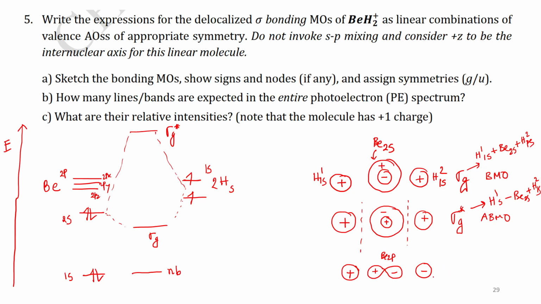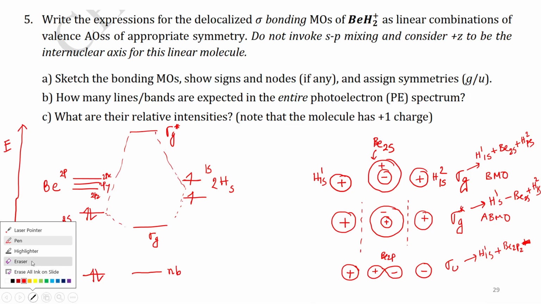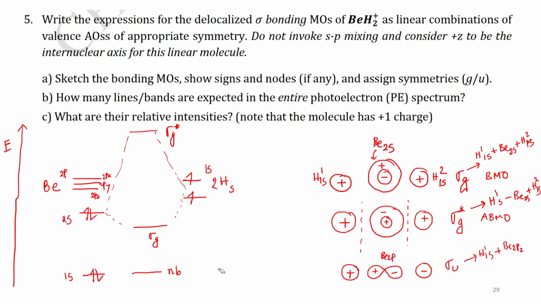So that would be, if you see, this is a sigma u, and it is formed by H1 1s plus beryllium 2pz, but minus, plus, is another combination, right?